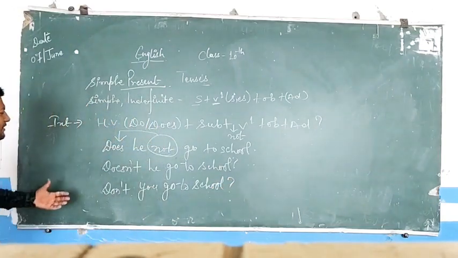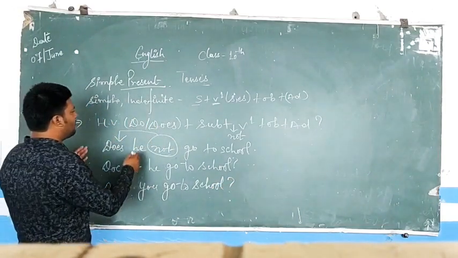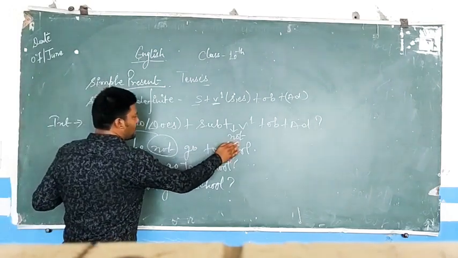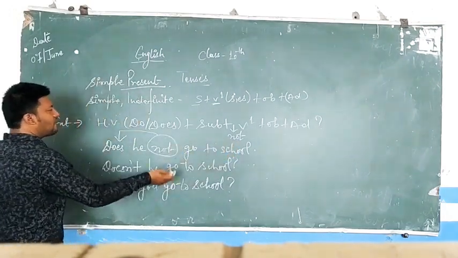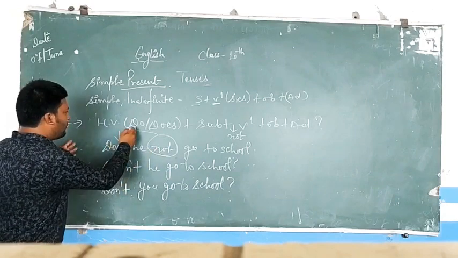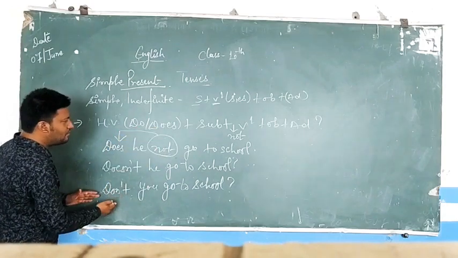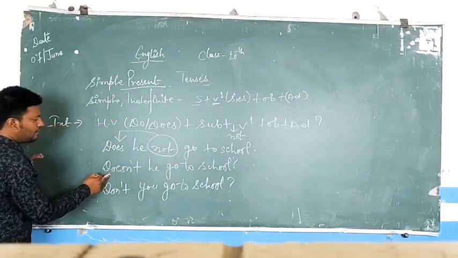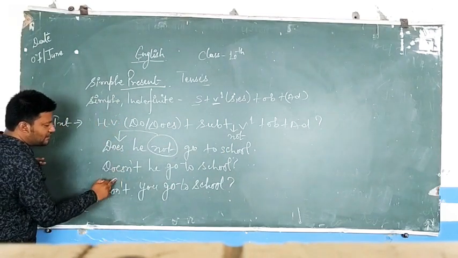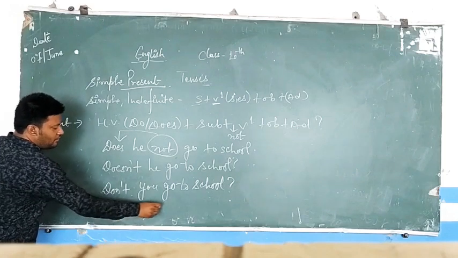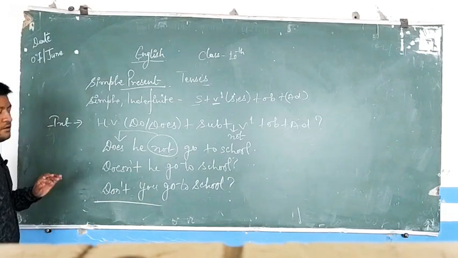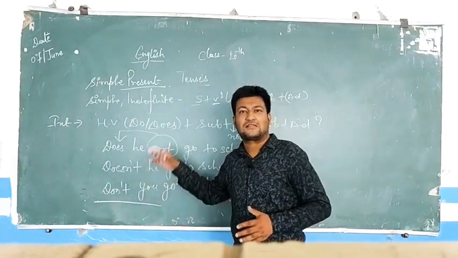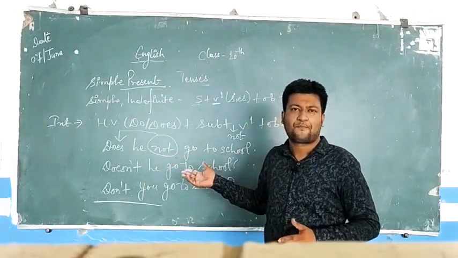So it is very simple. You can choose any of the forms. If you don't want to use doesn't or don't, you can put not after the subject. If you want the contracted form of do and does as doesn't and don't, then pick this not from here and put it here in does. Does becomes doesn't, do becomes don't. That is simply the introduction of the structural formulas of tenses.